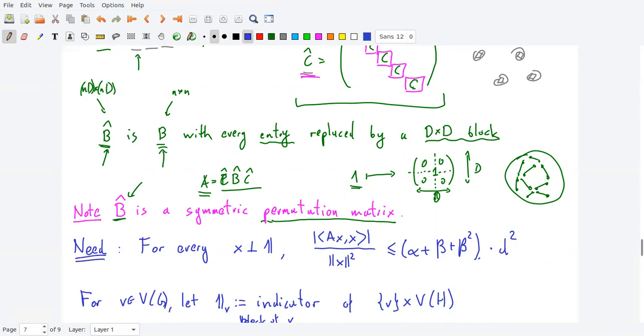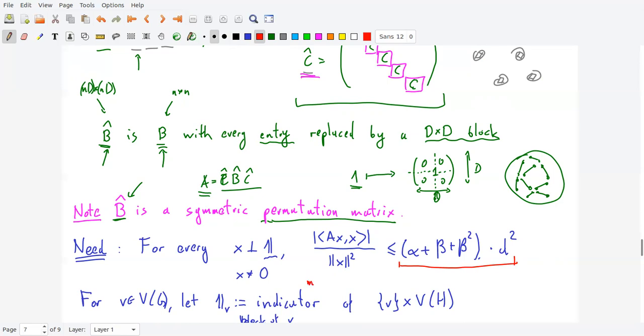We need to prove that on the subspace orthogonal to all ones, application of A doesn't make the norm of the vectors too large. So in particular, it suffices to prove the following inequality: if I take any vector x that is orthogonal to all ones, and that is obviously non-zero, then if I take the scalar product of Ax with x itself and divide it by the norm of x for normalization, then this should be bounded by this value.